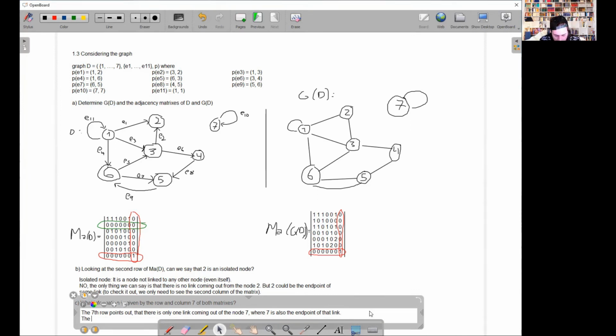Right. The 7th column tells that there is only one link pointing towards the node 7. So in conclusion, there is a loop in the node 7, right?